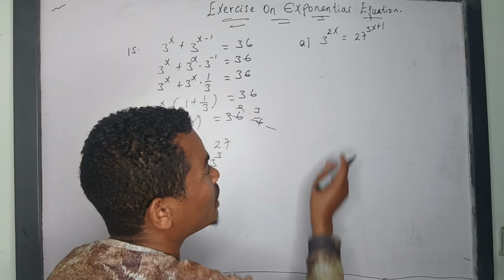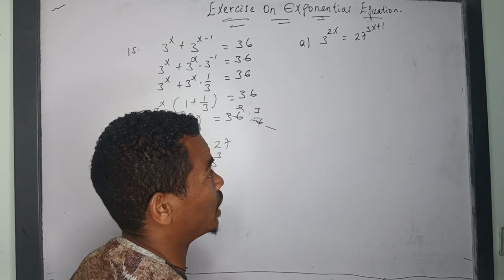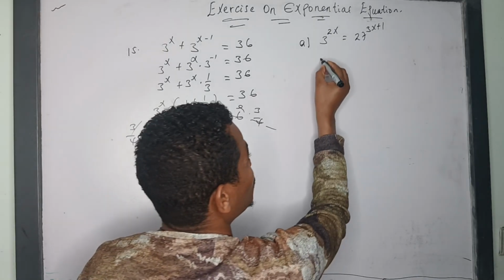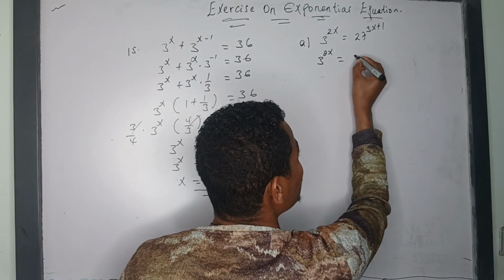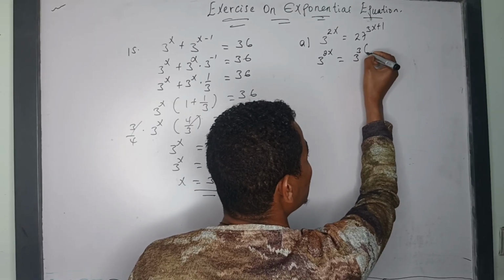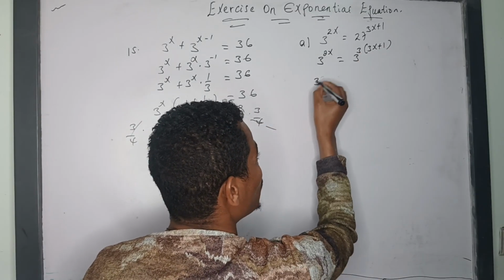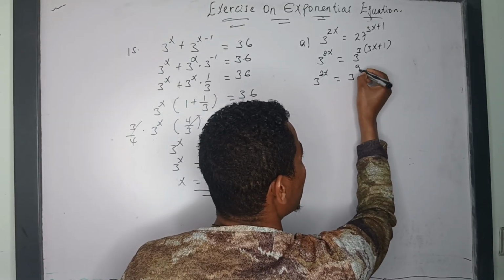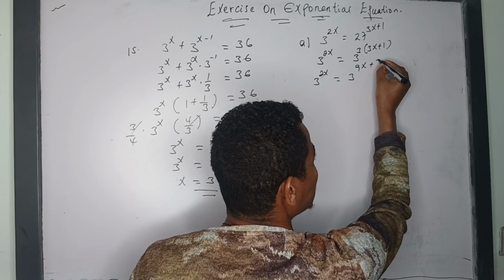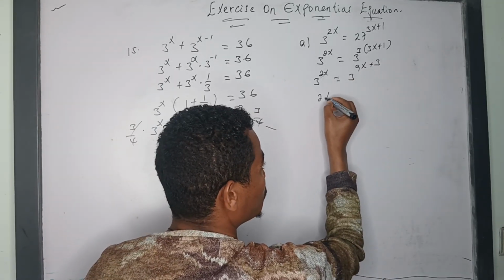So ይህን ደግሞ እንዴት ነው የምናደርገው? አሁን ወይ ቤዛቸውን ማመሳሰል ወይ ደግሞ ኤክስፖነንታቸውን ማመሳሰል አለበት። ኤክስፖኔንሻል ኢኩዌሽን ሶልቭ ለማድረግ, so 3 the power of 2x is equal to 27, is the same with 3 the power of 3, right, into 3x plus 1.